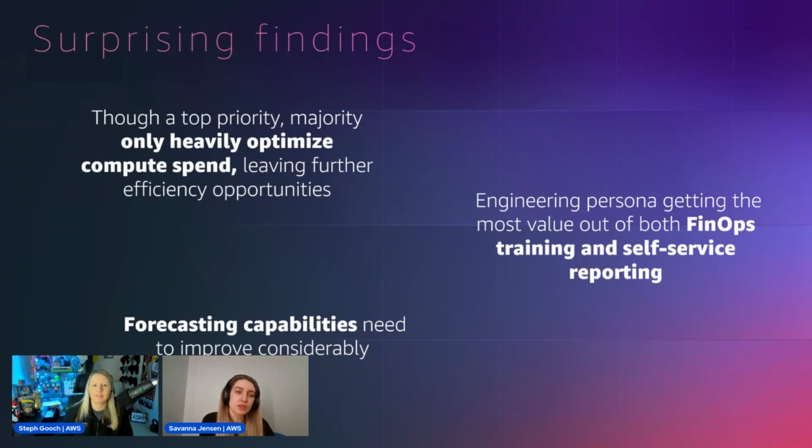It ties into the first one a little bit, and I'd be interested to get your perspective on it too. Based on their data, engineering personas are getting the most value out of the training and self-service reporting that the FinOps Foundation puts out. I assume that is the self-service, teach yourself how to fish, training and learning paths on the FinOps Foundation's website, which are all excellent. And some of that self-service reporting is likely cloud reporting, either Cost Explorer, AWS tooling, or similar for other vendors.